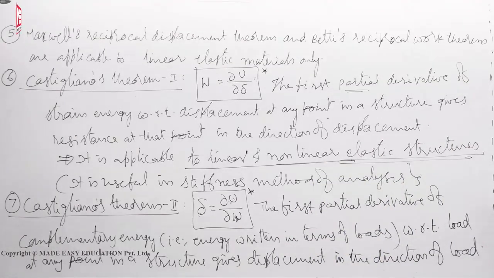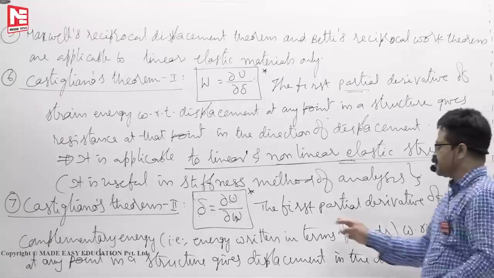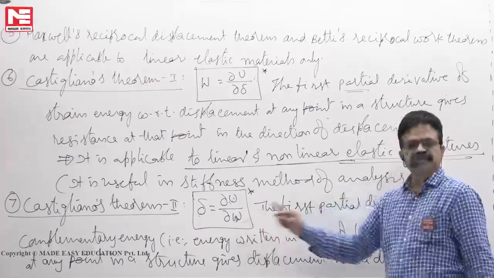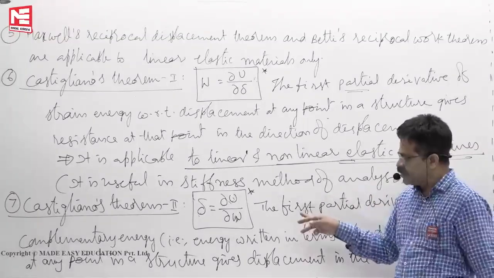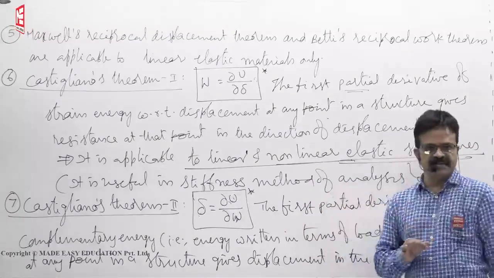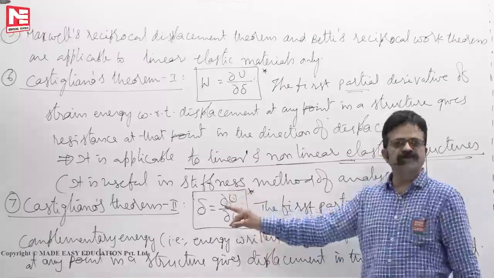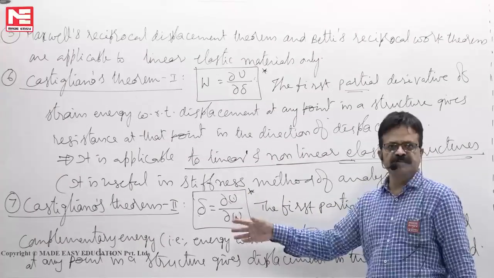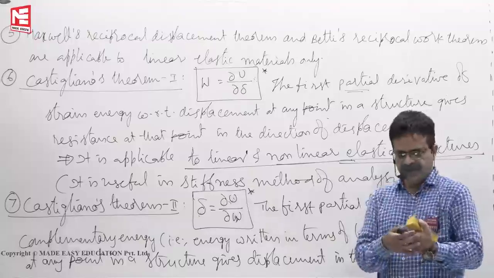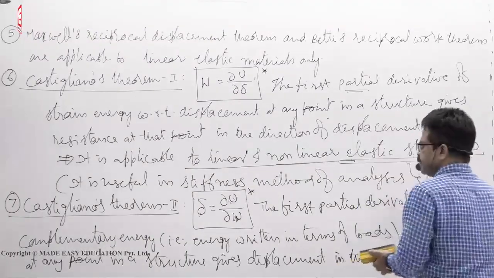This theorem, because you are writing it in terms of complementary energy, is applicable to only linear elastic materials. For nonlinear elastic materials, this form of energy expression in terms of W won't work. You cannot apply it. Okay.